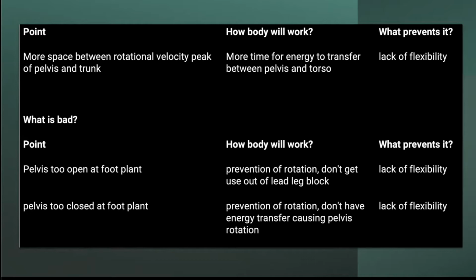If you don't have the mobility to get that pelvis into the right position, your hip to shoulder separation doesn't necessarily matter so much. We all fixate on hip to shoulder separation, but if that pelvis isn't in a good position to receive that energy, then you're wasting it.